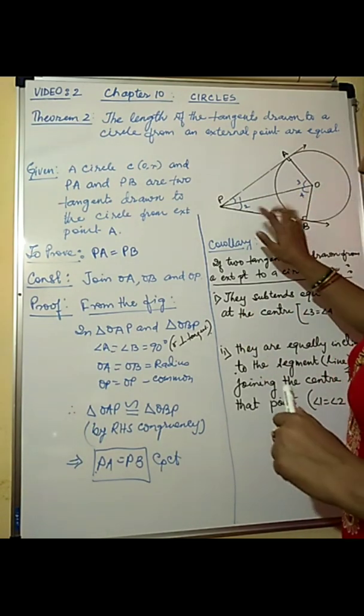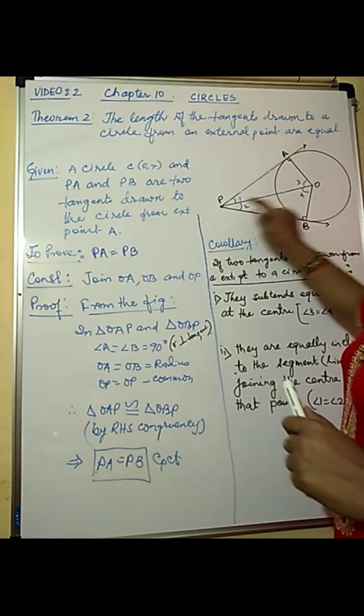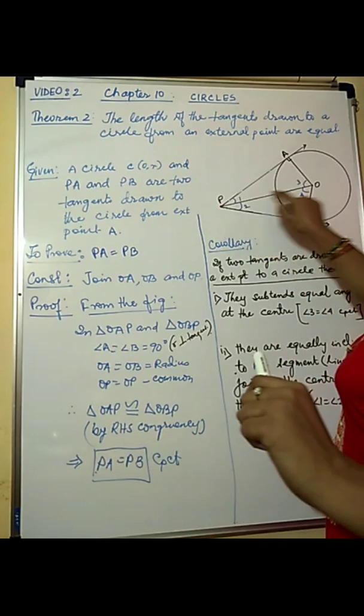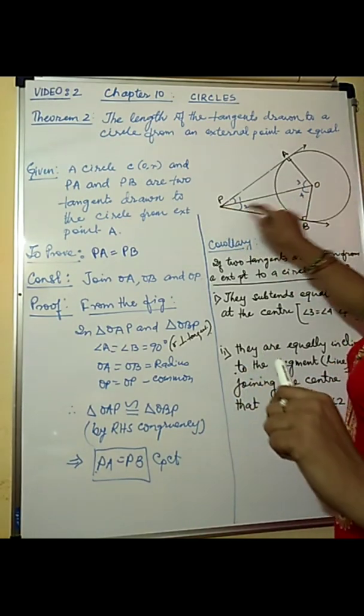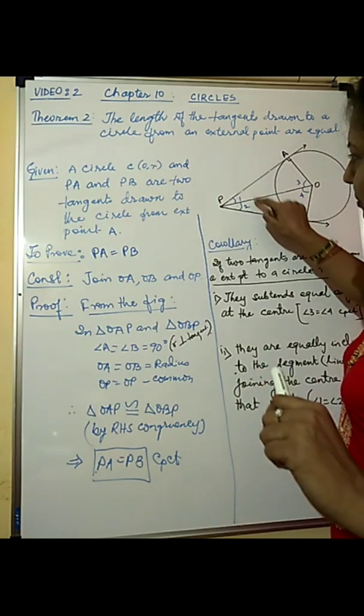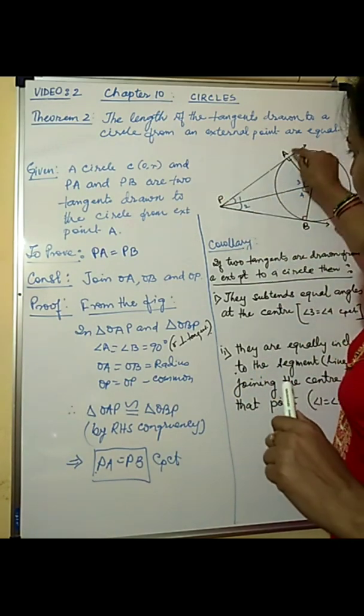Now if you observe in this figure, there is a line OP joining the center to the exterior point. On this line OP, the tangents PA and PB make equal angles. So they are making equal slope.